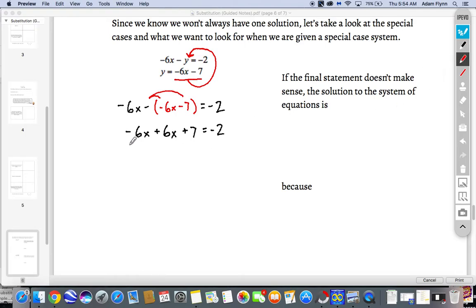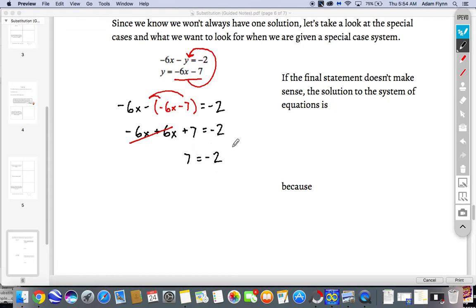If I continue to simplify, negative 6x plus 6x, the variable I'm solving for being x, cancels out. So when that happens, I'm left with positive 7 equals negative 2. So my whole goal is to solve for one of the variables, and all my variables canceled out. Okay, I've got no variable to solve for here.